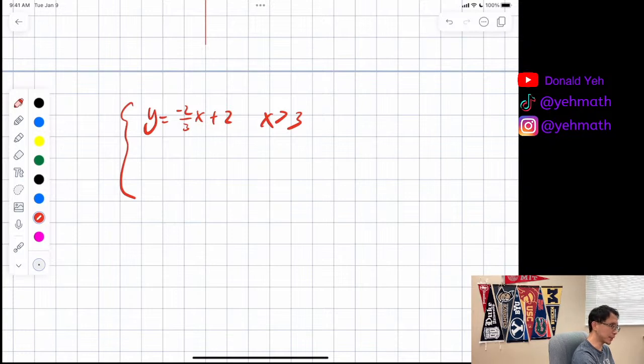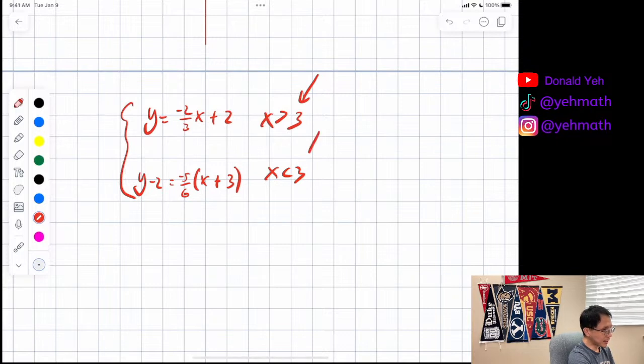Hold on a second. Let me say y minus 2 equals negative 5/6 times x plus 3, for x less than 3. Okay, so I have two equations.